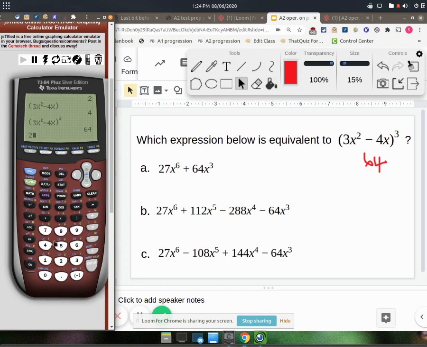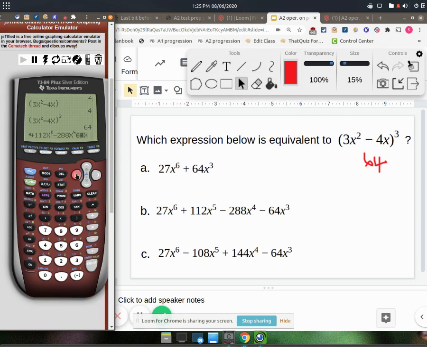So we're going to do 27x to the 6th, plus 112x to the 5th, minus 288x to the 4th, minus 64x to the 3rd.